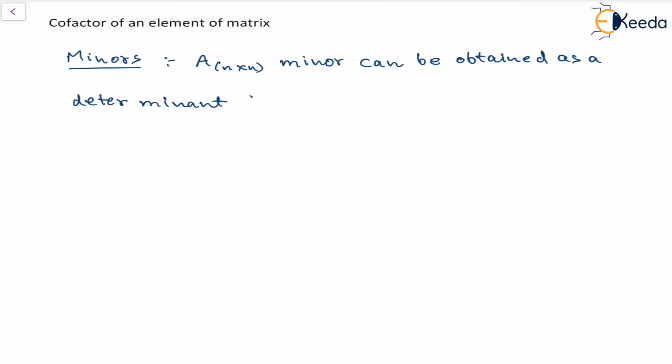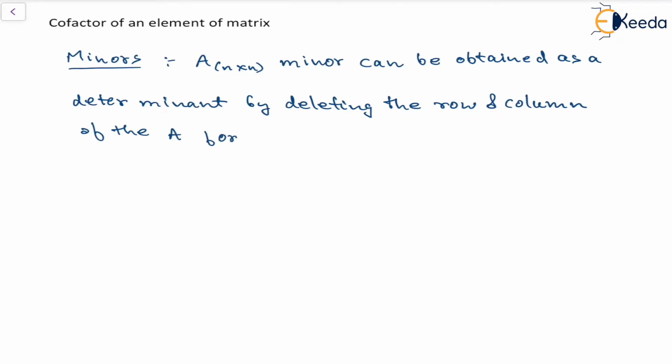Well, for any matrix A, which is a square matrix of course, n cross n, the minor can be obtained as a determinant by deleting the row and column of the matrix A for the element, on which row and column it lies on.